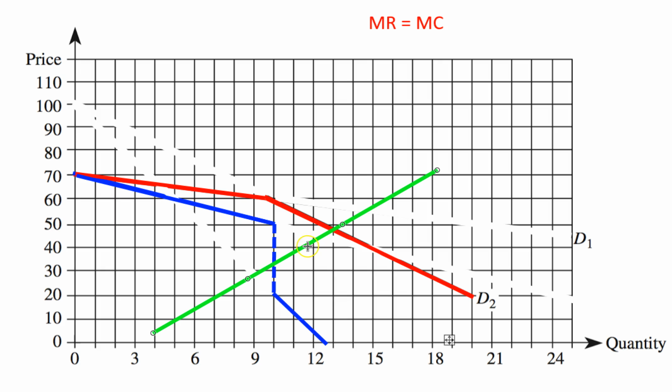But if the marginal cost curve shifts upward to here, we're still going to charge 60 and we're still going to produce 10. In other words, if this marginal cost curve shifts within this gap, price will not change. And that gap is from 50 to 20.